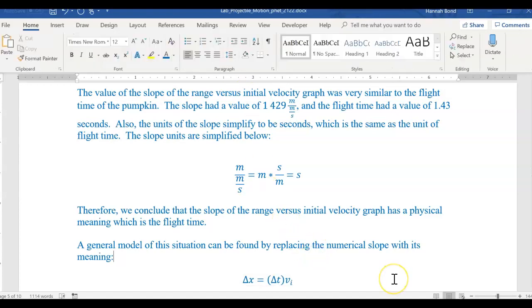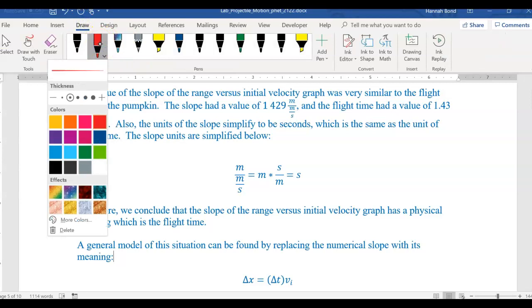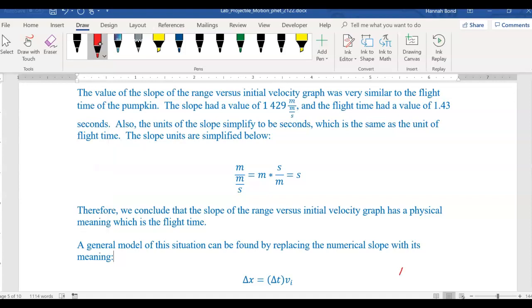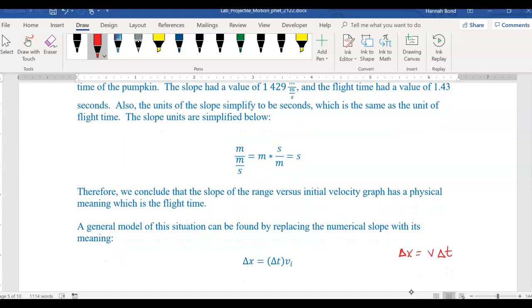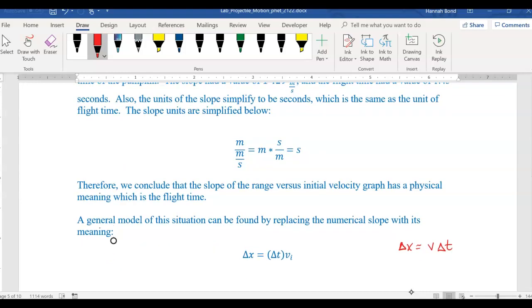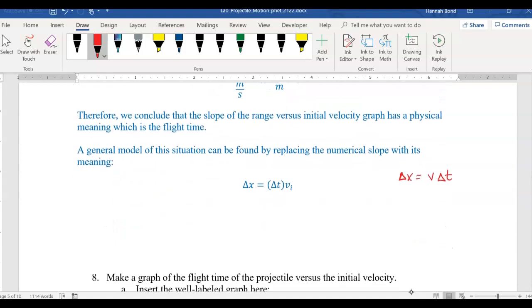I'm sorry, I think I said this wrong in the previous webcast, but we have seen this before. In Unit 2, we said that the displacement equals the velocity times time. These are the same equations, the same relationship. So that is the answer to the question. The slope has a meaning, which is the elapsed time, the flight time, delta t.